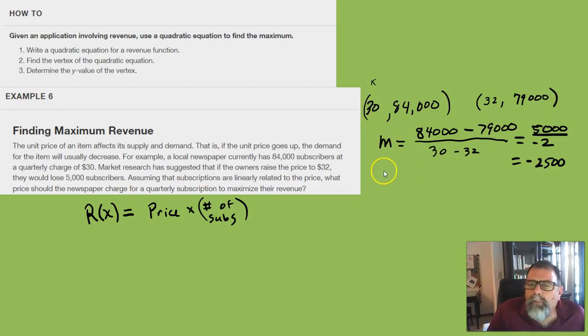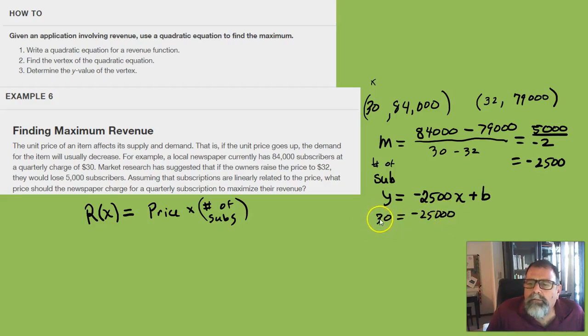So now our formula for the number of subscriptions, we're calling that y, is equal to m, which is negative 2,500, x plus, now we got to figure out our y coordinate for this. So we plug in either one of these. Let's plug in the 30 and the 84,000.